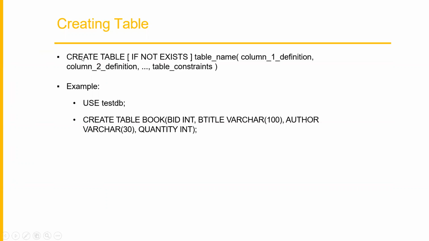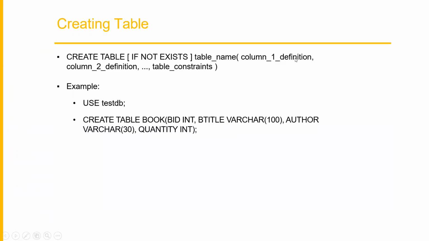So we need to use the create command, table. We are saying that we want to create a table. This is optional. If not exists is an option. Whatever is optional, the syntax will be represented in square braces. Create table, if not exists, table name, the actual table name. This can be anything, and we should open a brace and then give the column definitions.